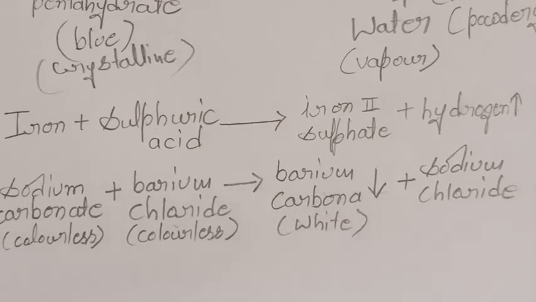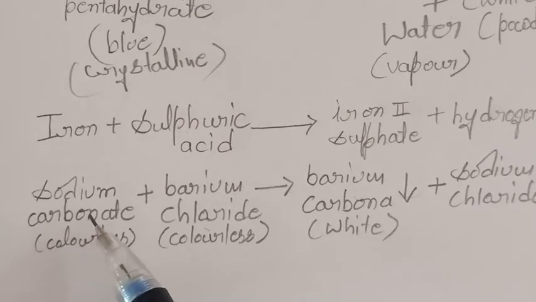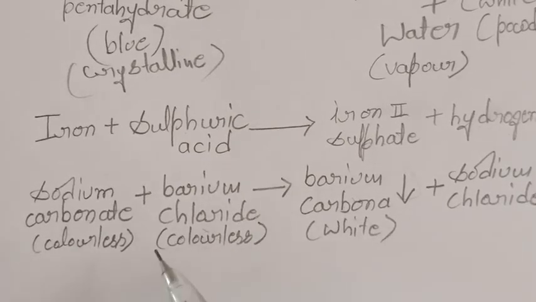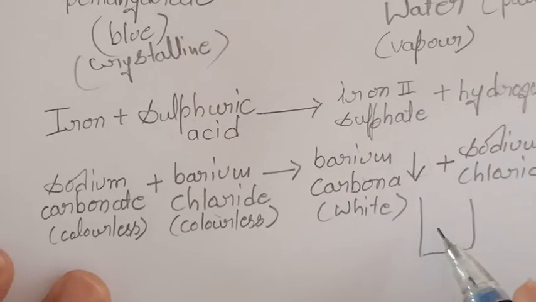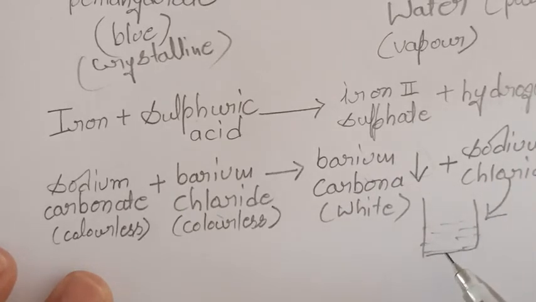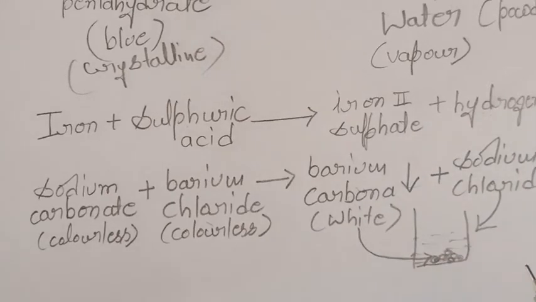The most important thing we should know is, what is a precipitate? A precipitate is a solid that separates when one solution is added to another. For example, we took sodium carbonate solution and mixed it with another solution, barium chloride. When we mix two solutions, we obviously get a solution of sodium chloride, and along with this we get some solid substance, and this solid is known as a precipitate.